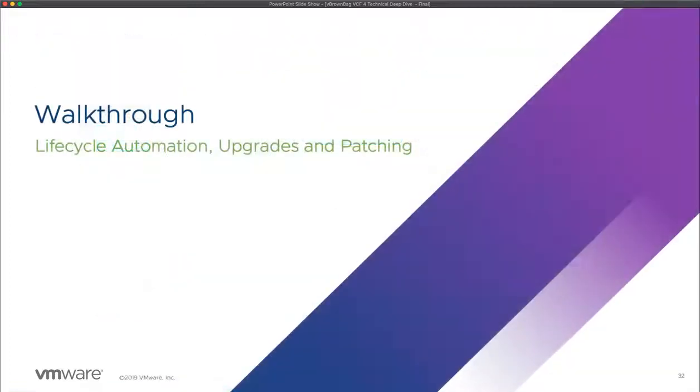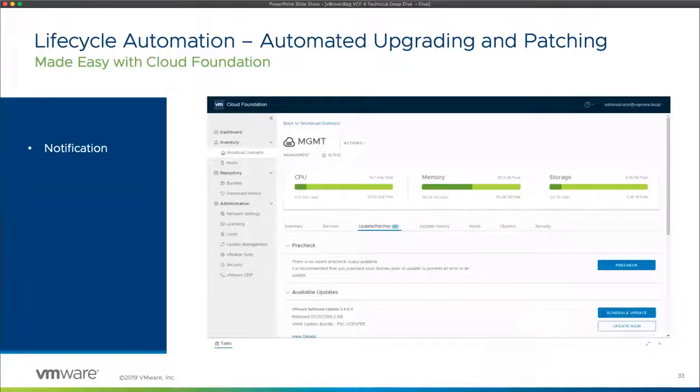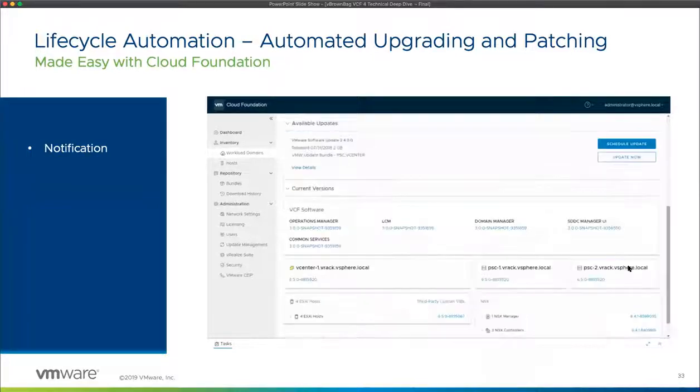So just a quick walkthrough of what lifecycle management looks like in SDDC Manager. So as I mentioned, you get that notification. So in this case, an update has already been downloaded. Under the updates and patches, we see that there is one update that's available. Now I can choose to schedule that update or update now or run a pre-check.